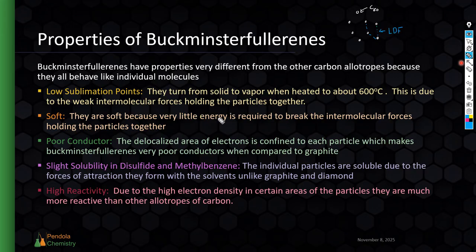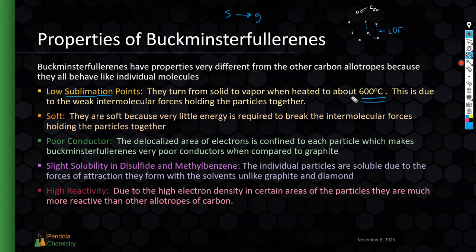Those London dispersion forces make it so that Buckminsterfullerenes don't melt, they sublime. They go straight from the solid state to the gas state. They have very low sublimation points. They turn from solid to vapor when heated to just about 600 degrees Celsius.